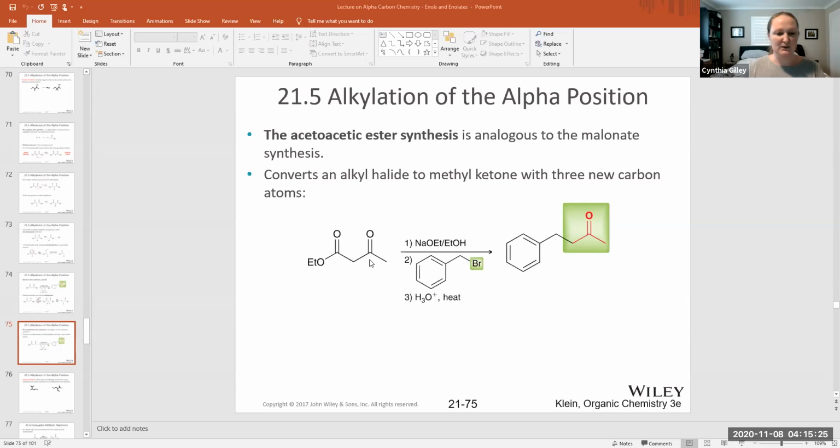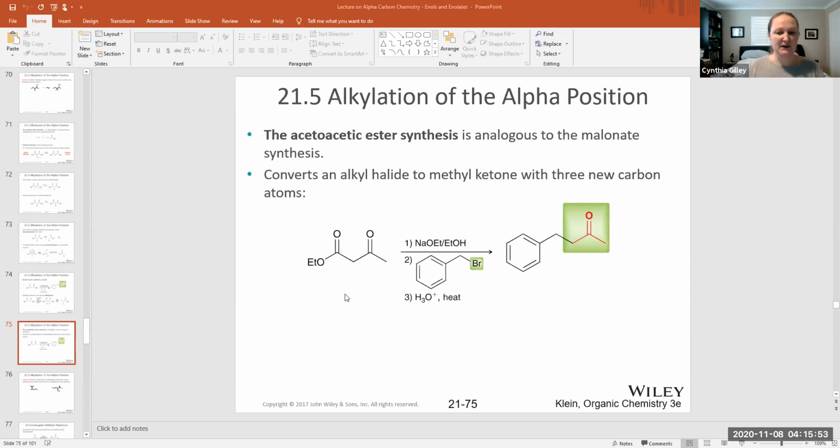So this is a way to string reactions together synthetically, by recognizing when the reactant of one reaction is also the product of another reaction that we talked about. So beta ketoesters are produced by Claisen condensations, and then we could further react that product under the acetoacetic ester synthesis conditions to form a methyl ketone.